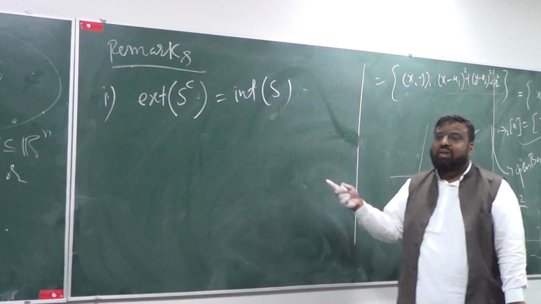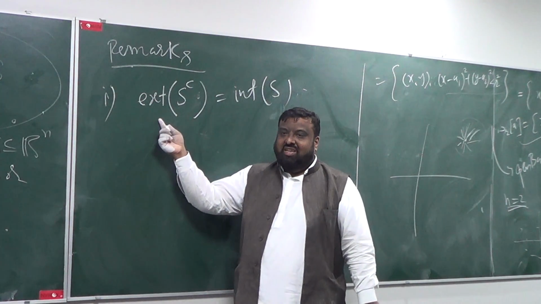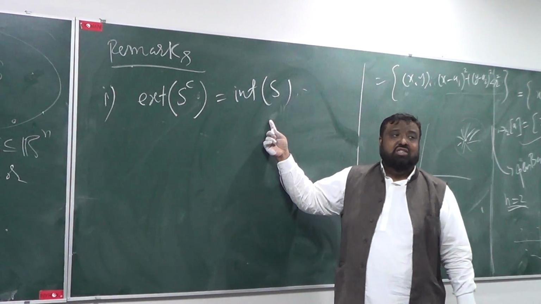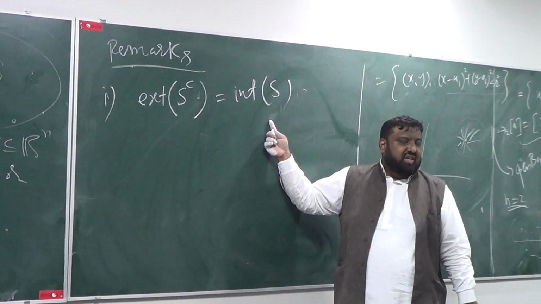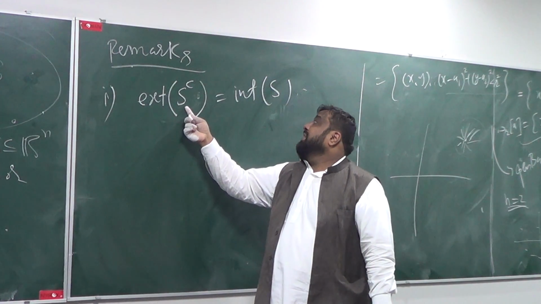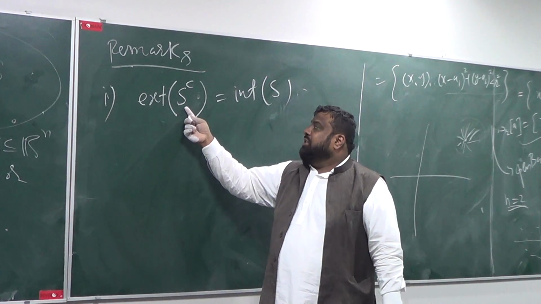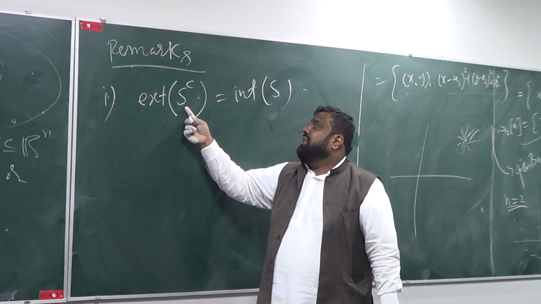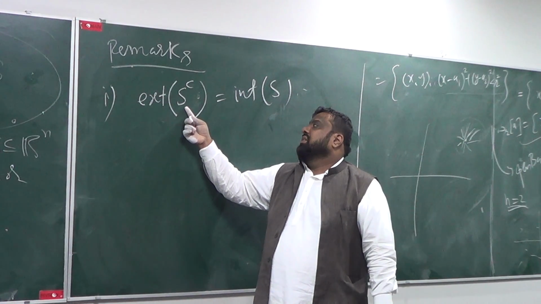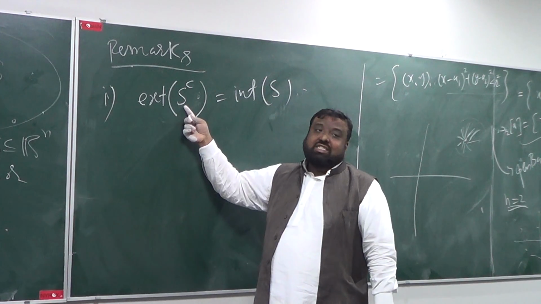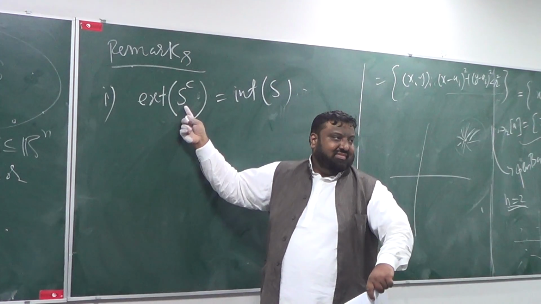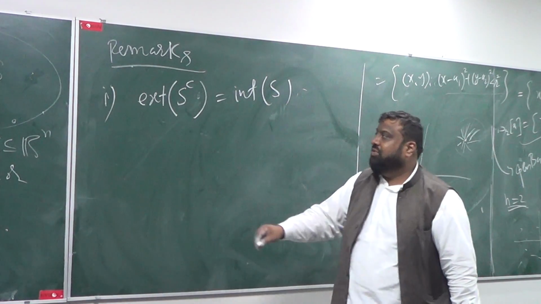So try to prove this through definition. Take a point from one set which satisfies this condition, show that the same point would satisfy this condition as well. So if you take a point, draw a ball around it, that is a subset of S complement. If it is a subset of S complement, that means it's a subset of S complement complement, that would be S actually. Yes. Okay, so try to prove it for yourself.